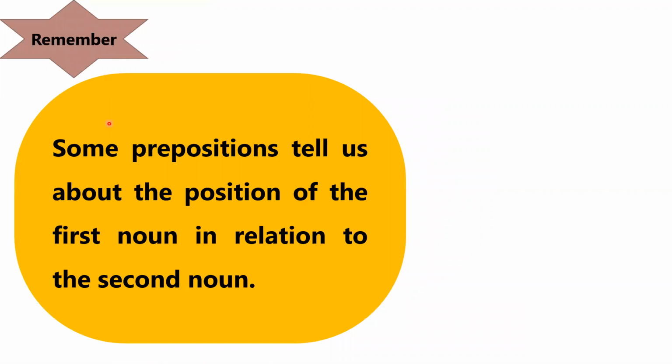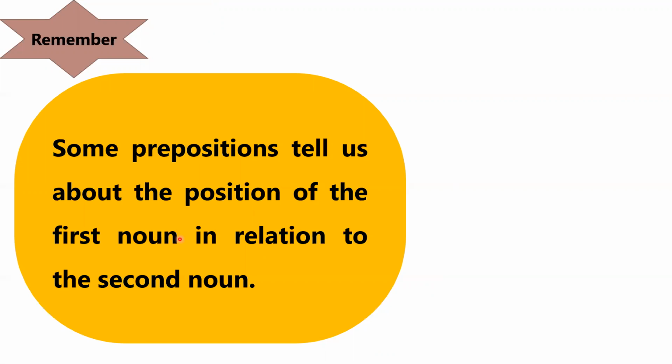Remember children, some prepositions tell us about the position of the first noun in relation to the second noun. It means children, position here means place. Sometimes कुछ prepositions ऐसे होते हैं जो sentence में first noun और second noun के बीच में relation क्या है, place क्या है, उसके बारे में हमें define करते हैं, उसके बारे में हमें indicate करते हैं.